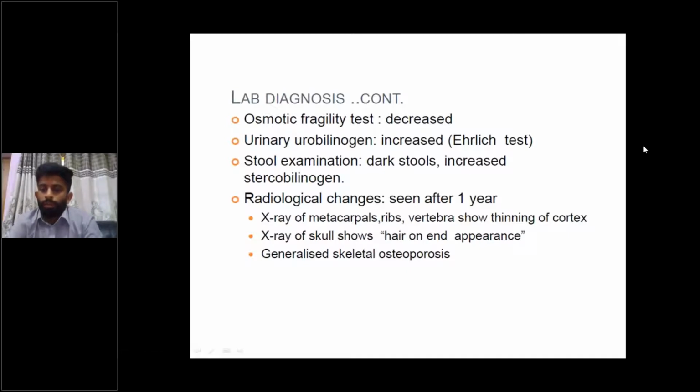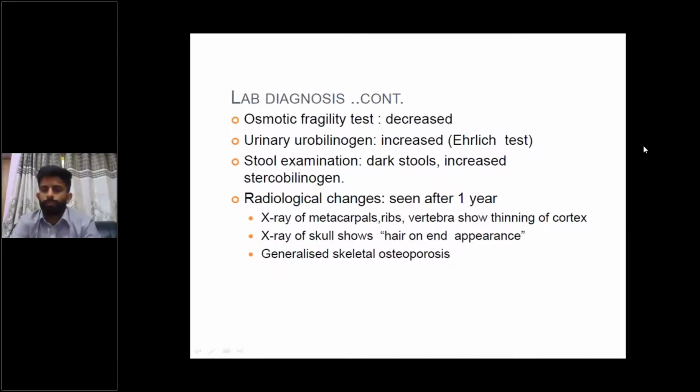Can anyone type in the chat box the answer? It can be seen in iron deficiency anemia, it can be seen in thalassemia, it can be seen in sickle cell anemia. One more common hematological disorder that also exhibits hair on end appearance.